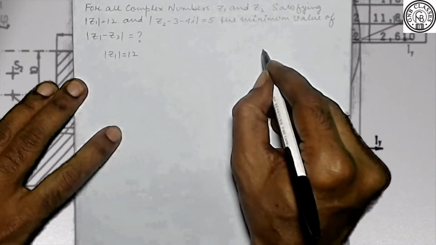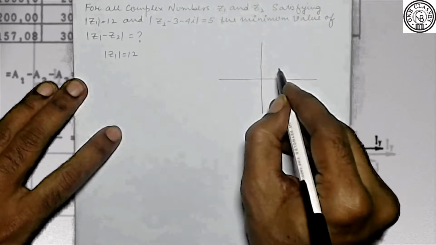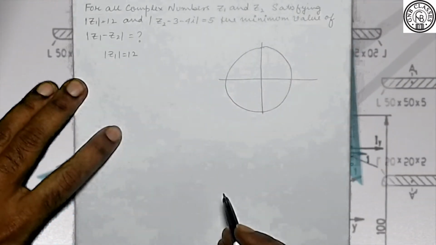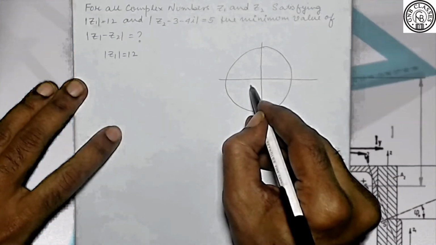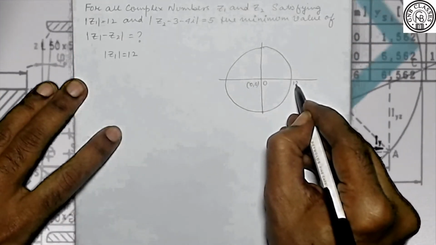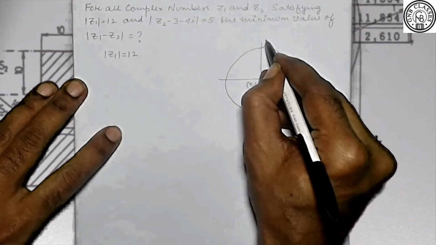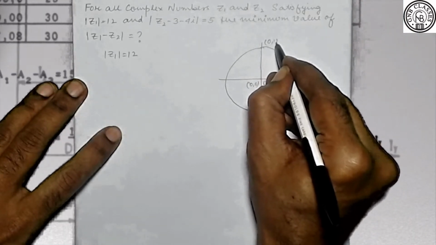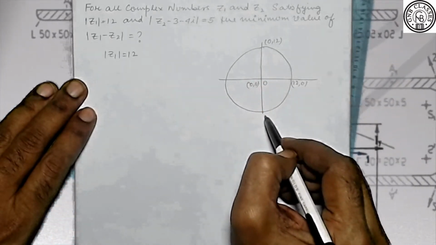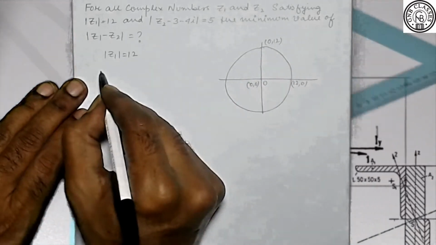So let me draw it. This is the circle whose center is at the origin and radius is 12 units. Is it clear? And z1 is lying on the circumference of this circle.